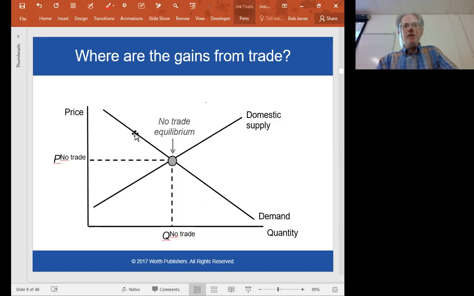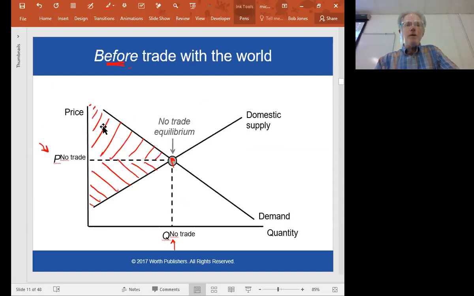So here's the demand curve, here's the price line. Consumer surplus is going to be everything below the demand curve and above the price line. And that is going to be this area here.